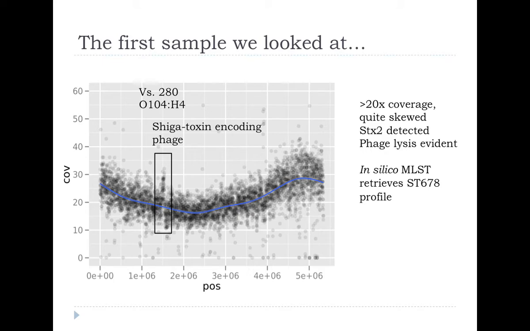What we interpreted this finding to mean was that we were not just detecting DNA coming out of the chromosome of bacterial cells, but we were probably also detecting DNA from free phage particles that were actually present in that stool sample. It's known that the phage lyses the cells as part of its life cycle, and it's the lysis of those cells that releases the toxin. So it was quite satisfying to see this phage lysis, which is an essential part of the pathogenesis of infection, visible to us in this particular plot.